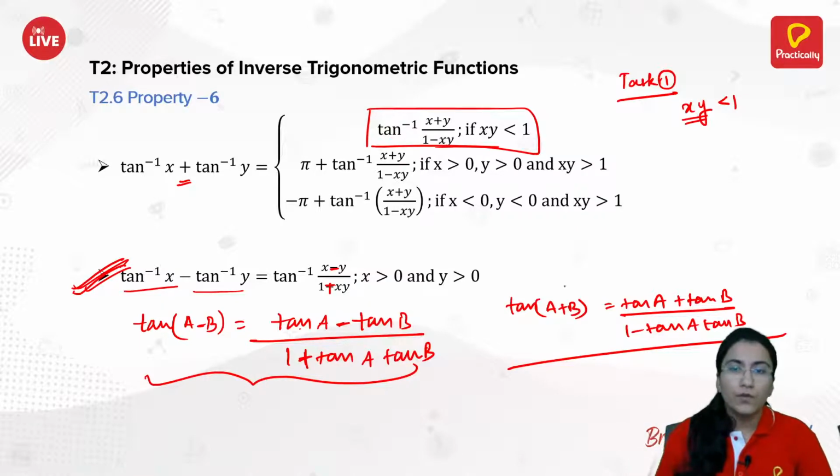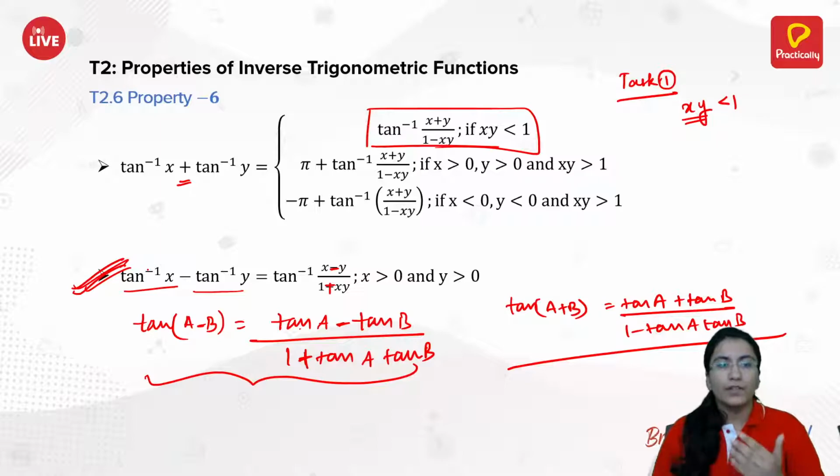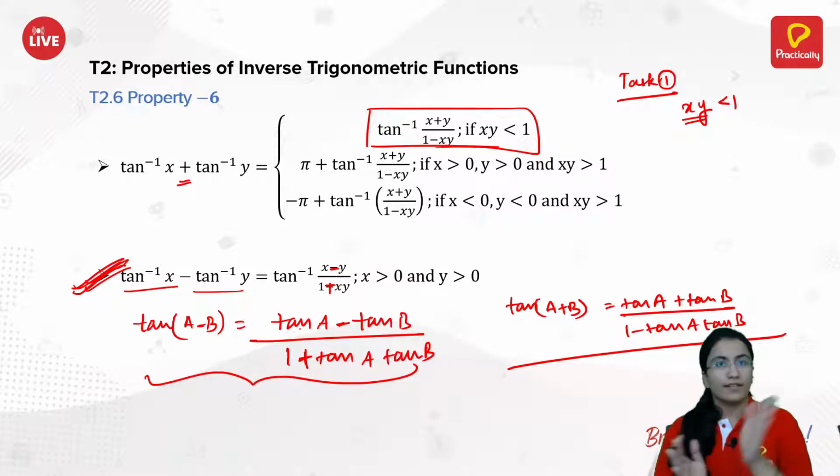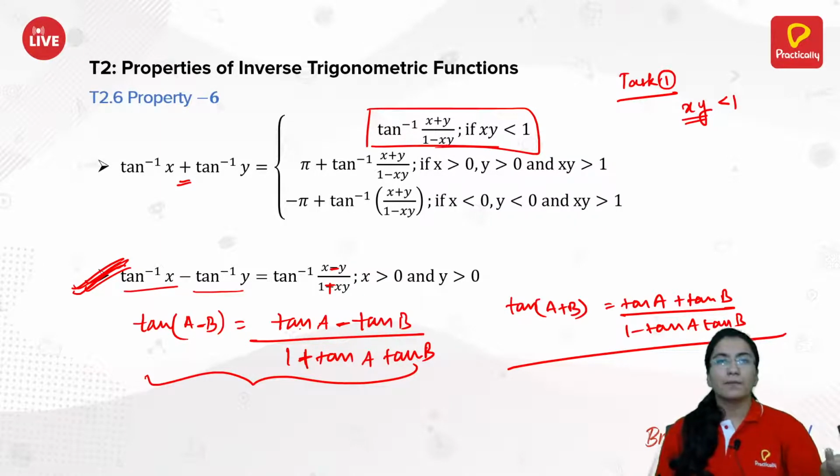If you use this property, however you remembered it, the first one is similar to that. If you remember the formulas in trigonometry, you can directly remember the formulas in inverse trigonometry. They are parallel to each other, right? So tan of a plus b is similar to this one. Just check for x into y.